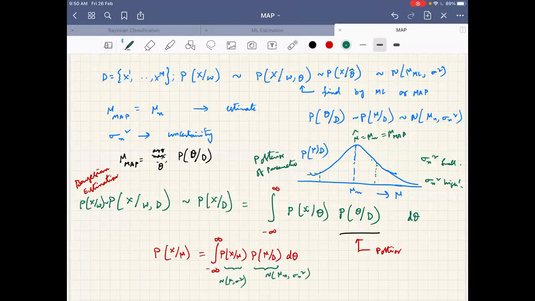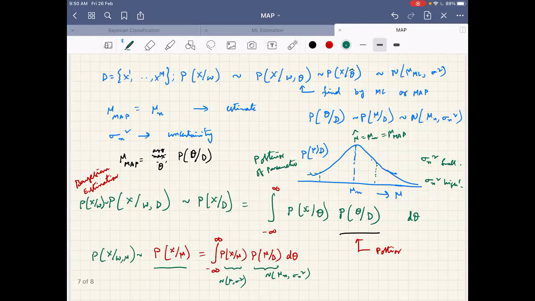This doesn't give an estimate for mu. Bayesian estimation doesn't give an estimate for mu. This gives directly P of x given mu. What it is giving is P of x given omega of that class, parameterized by mu. So Bayesian estimation doesn't give a point estimate. It directly gives a likelihood.